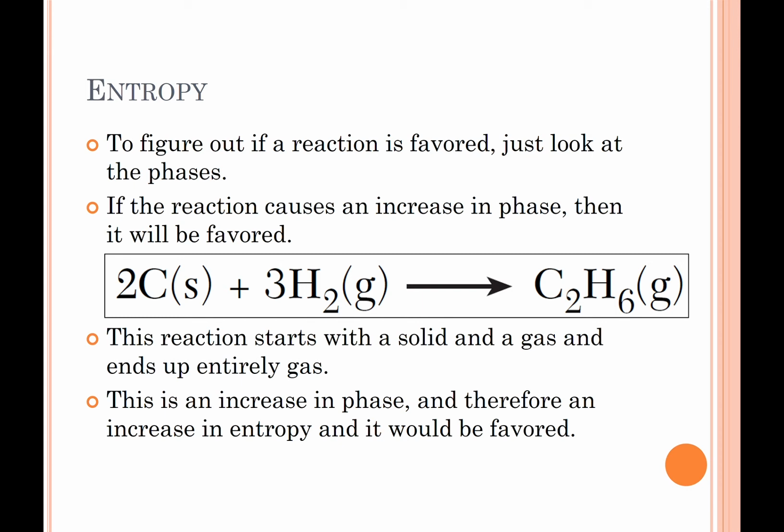Now, to figure out if a reaction is considered favored or spontaneous, we have to look at the phases to start with. If we have an increase in phase, and just to be certain here, an increase in phase is from a solid to a liquid to a gas, then it's going to be favored. So with this reaction here, we have two reactants, one solid, one gas, and it forms a gaseous product.